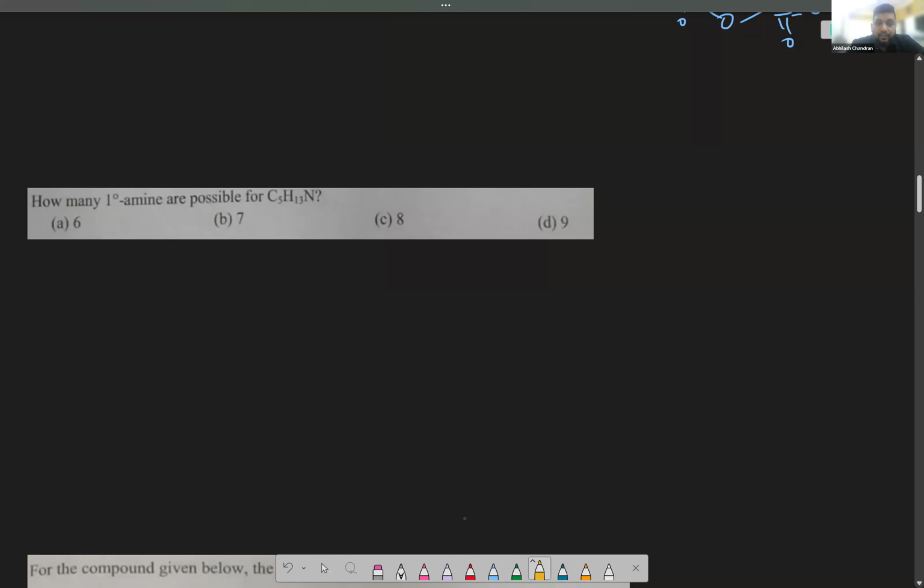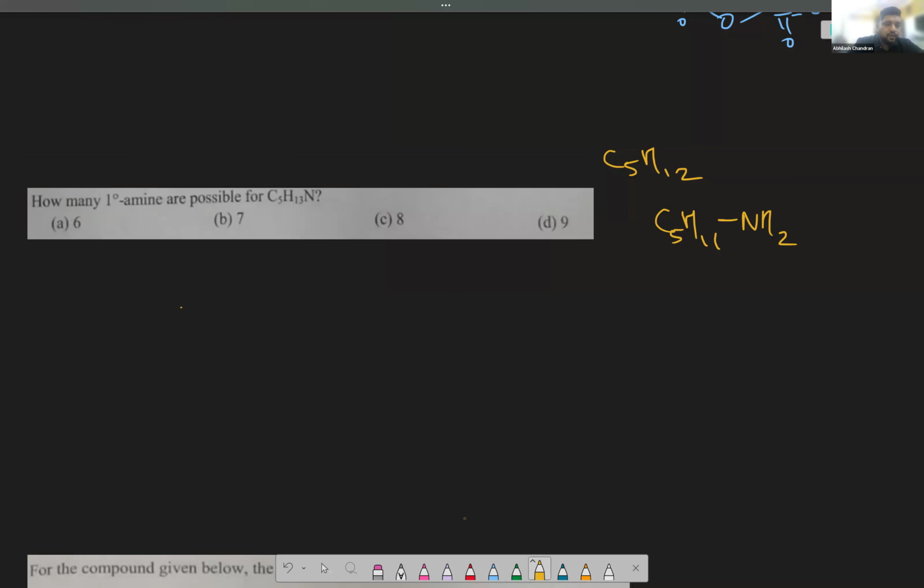A 1 degree amine would mean that you have an NH2 group, and then what remains is C5H11. C5H11 is your pentyl group, if you want to think of it like that, because it's one hydrogen short of your pentane. C5H12, which is CnH2n+2, is your pentane. So C5H11 is the group that you obtain by removing one hydrogen from there.